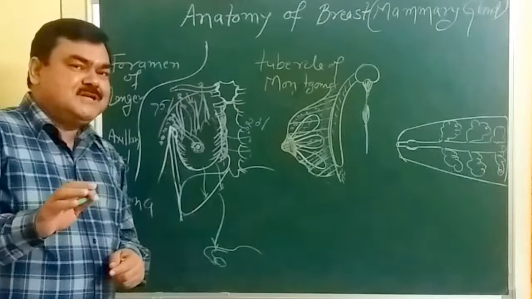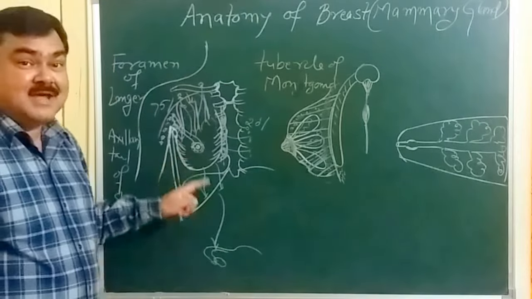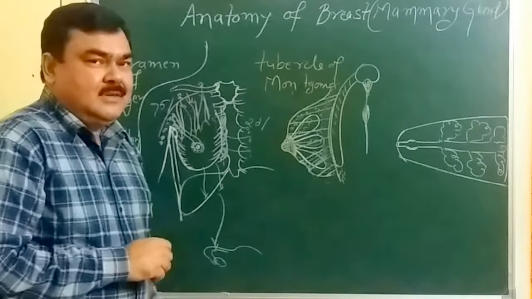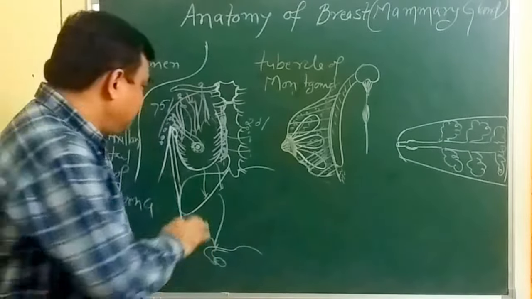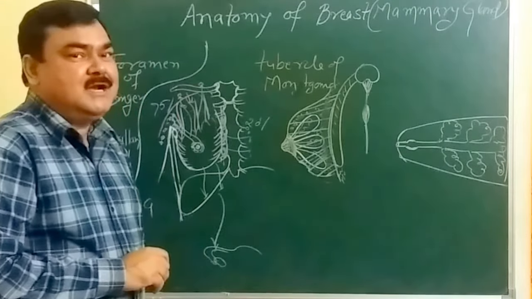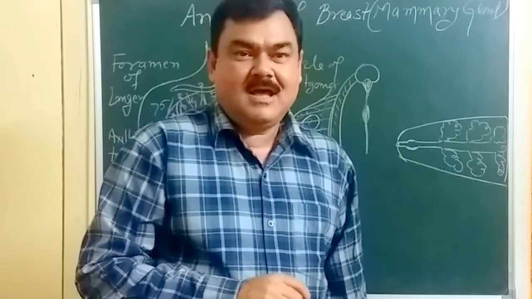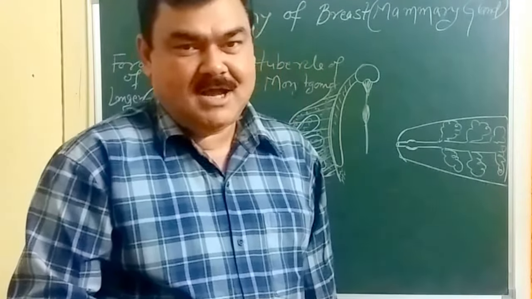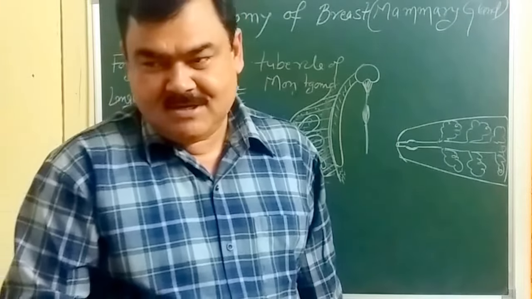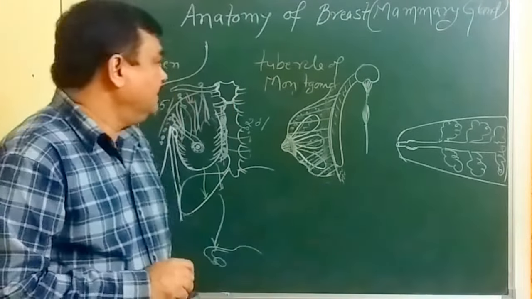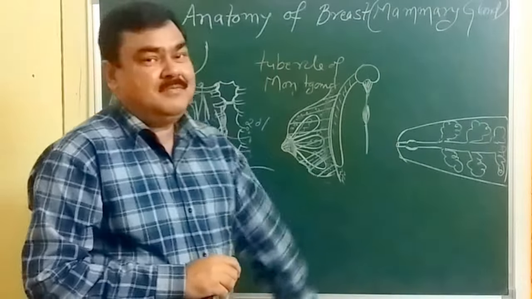In case of obstruction of the superficial lymphatic channel, in carcinoma, there is edematous skin. This condition is known as peau d'orange, or skin of orange, or peel of orange. So this is all about the anatomy of the breast, the mammary gland.